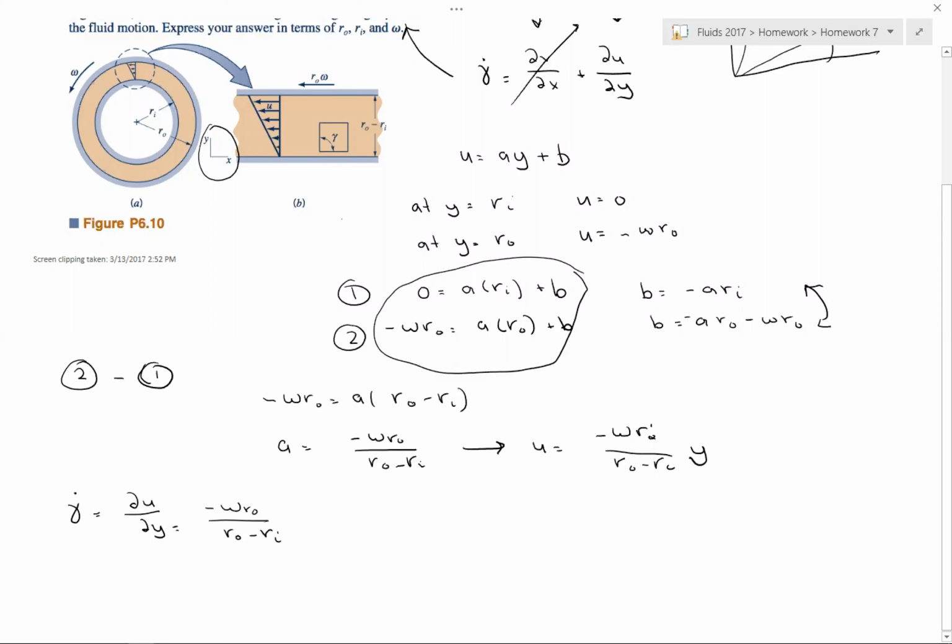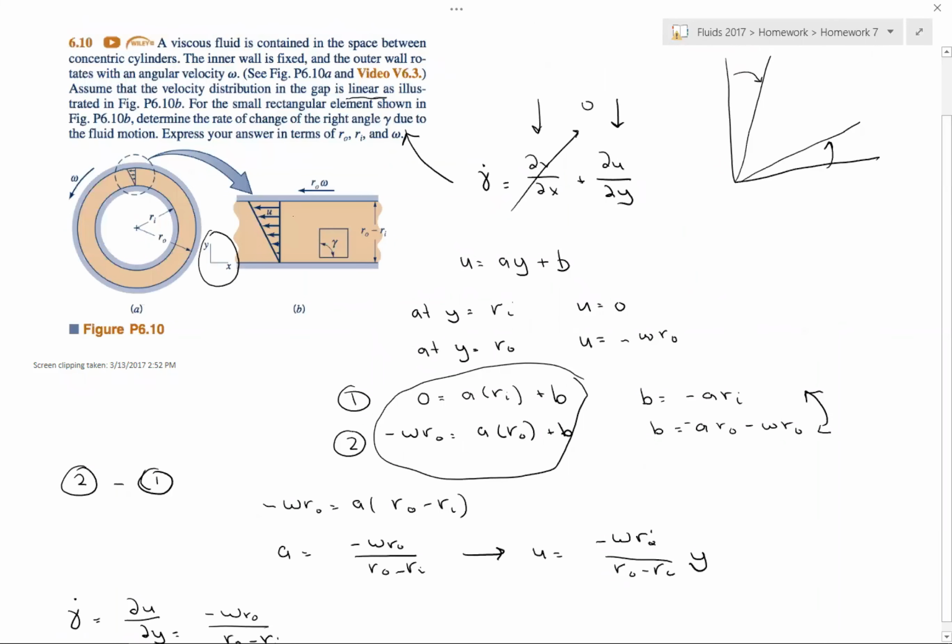Here, let's start and look at this one. What's the sign of our rate of change of the right angle? Negative. So which way is it going? It's going in the negative direction.